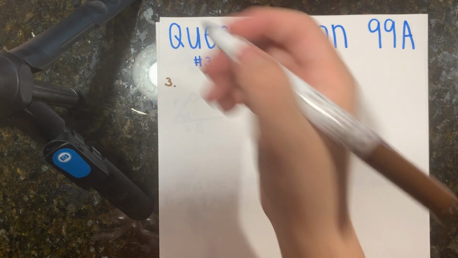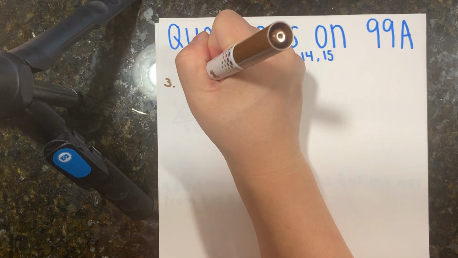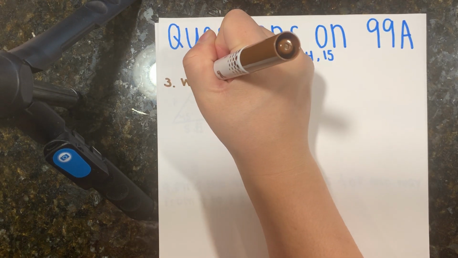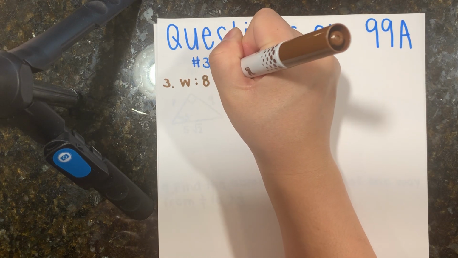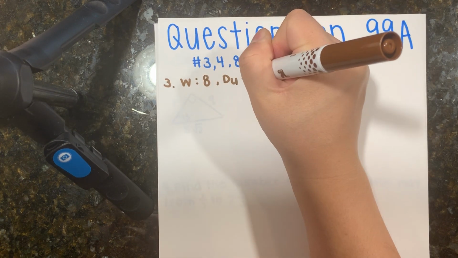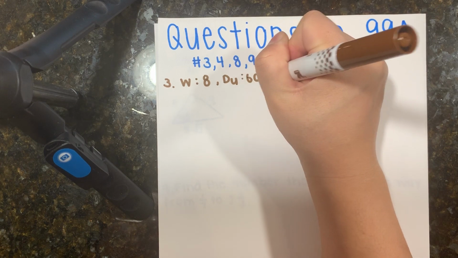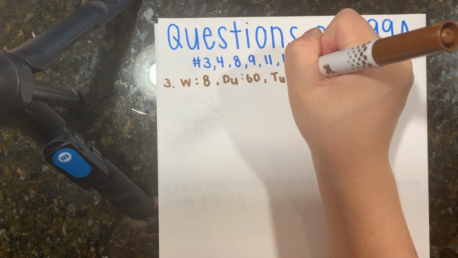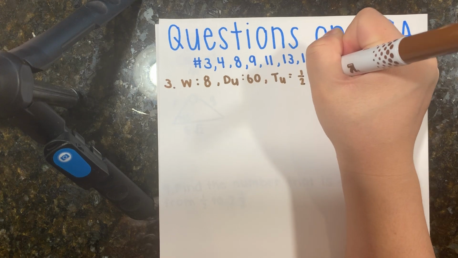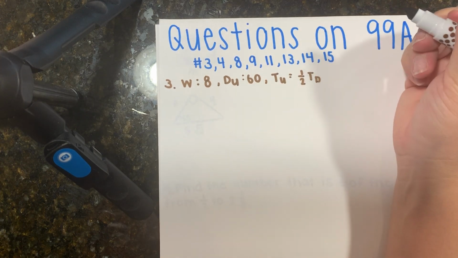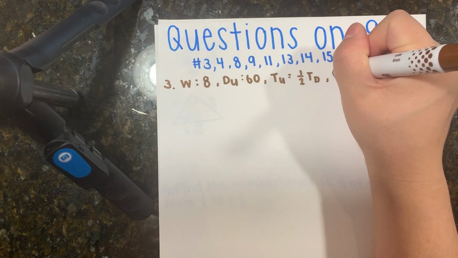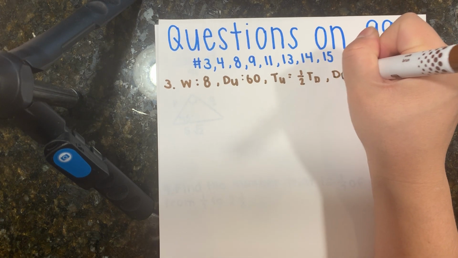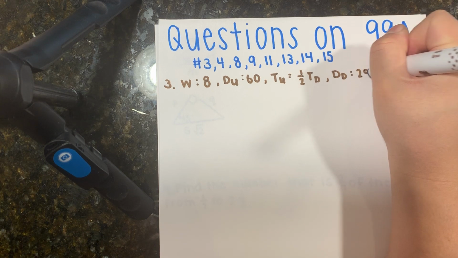Okay, so it says that the current, so W, is going to be equal to 8. Then it says the distance upstream is going to be 60. Then it says the time up was half the time downstream. And it could go 280 miles downstream, so distance downstream is 280.